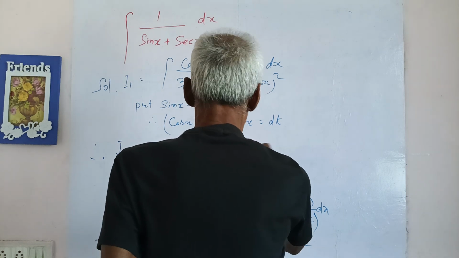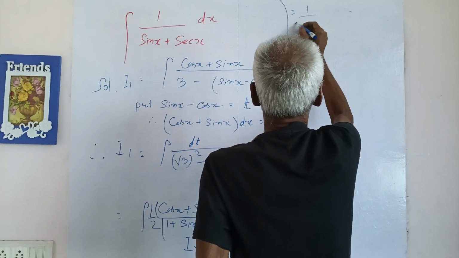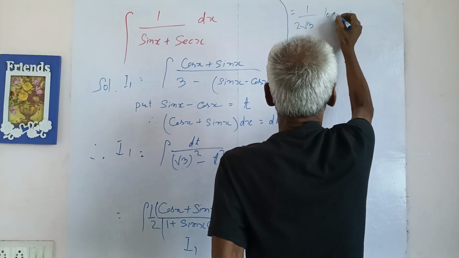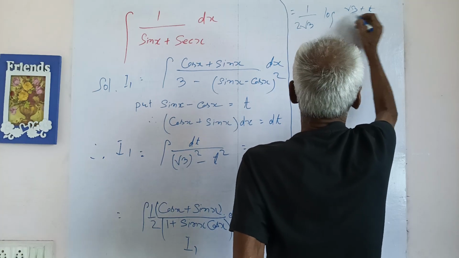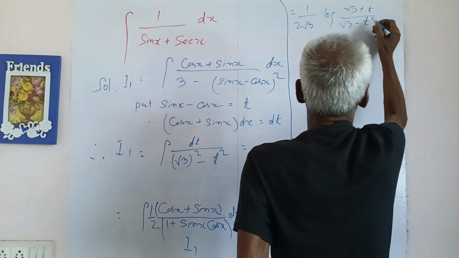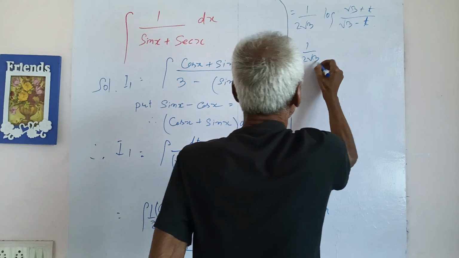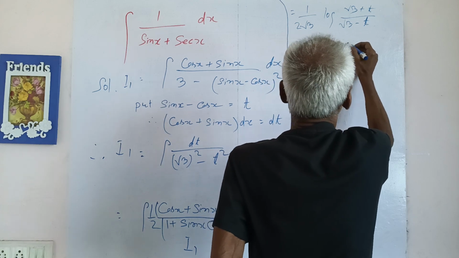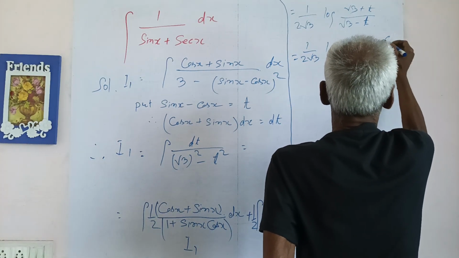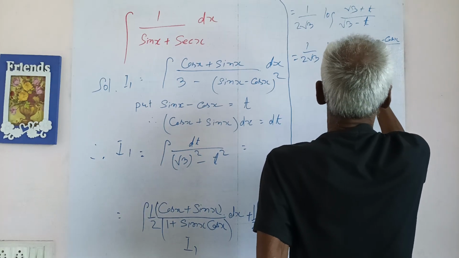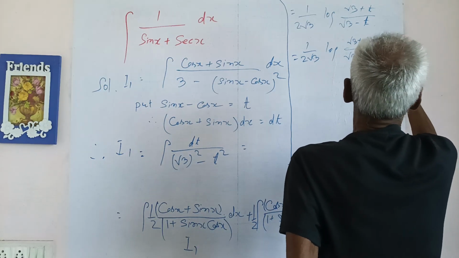This can be written as equal to 1 by 2 root 3 into log of root 3 plus t by root 3 minus t, is equal to 1 by 2 root 3 log of root 3 plus the value of t, sin x minus cos x, by root 3 minus sin x plus cos x.